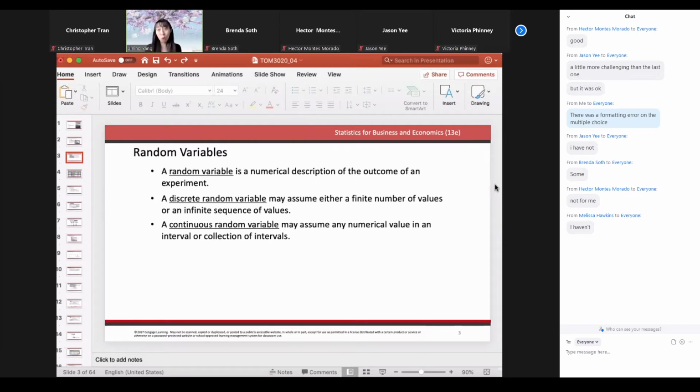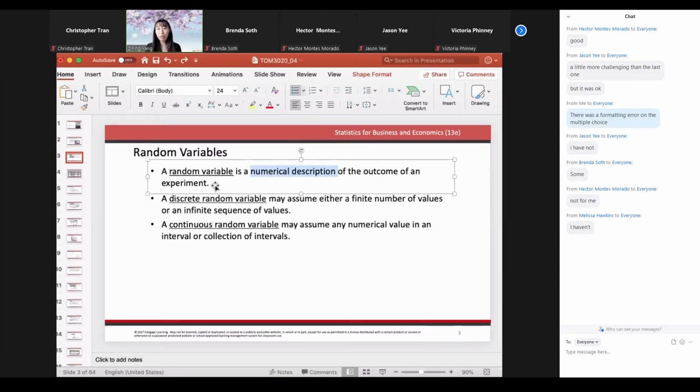That is okay because it is numeric. So you need to do a little bit of transformation sometimes for categorical variables, but as long as you have a numeric description, you are good for a random variable.